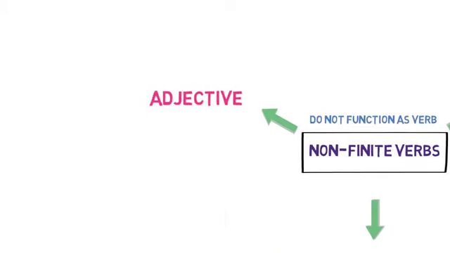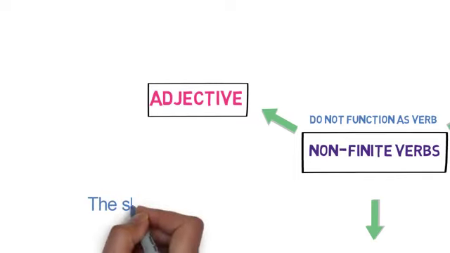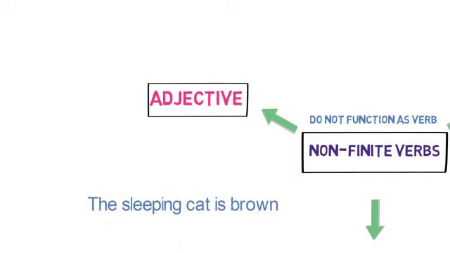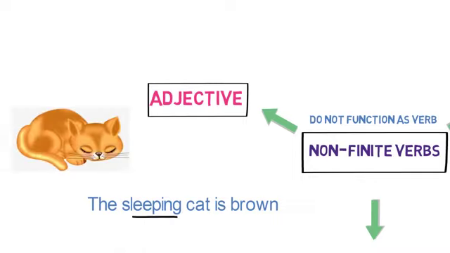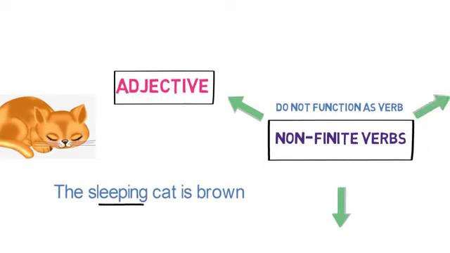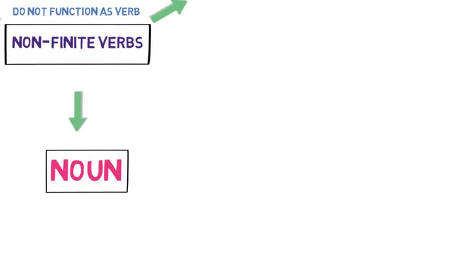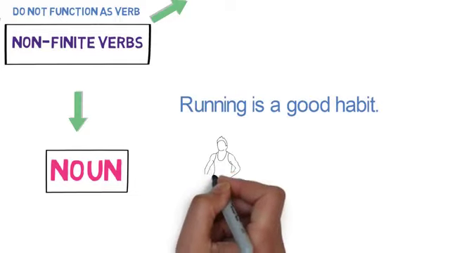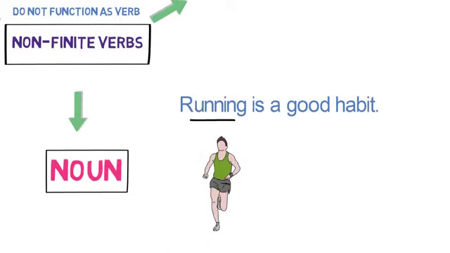Now let's understand their functionality as an adjective with an example. The sleeping cat is brown. Here, sleeping functions as an adjective in the sentence as it is describing cat. Now let's understand how they function as a noun with an example. Running is a good habit. Here, running functions as a noun in the sentence.